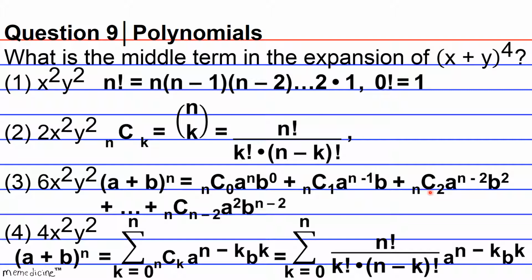And we're going to continue and so forth, and then we're going to get all the way down to n choose n minus 2. So this is two terms right before n, times a raised to 2 times b raised to n minus 2.